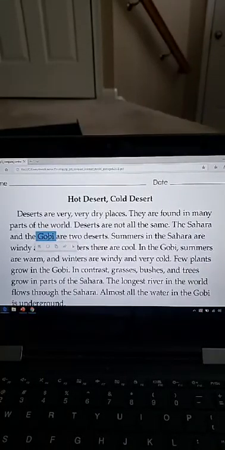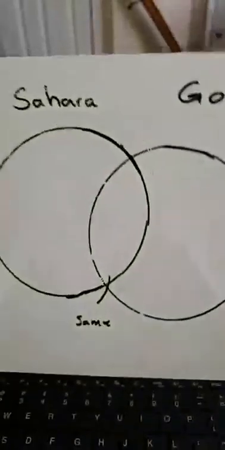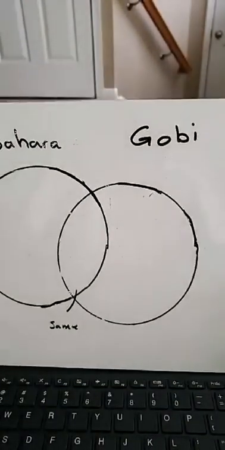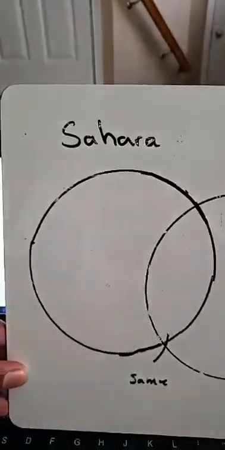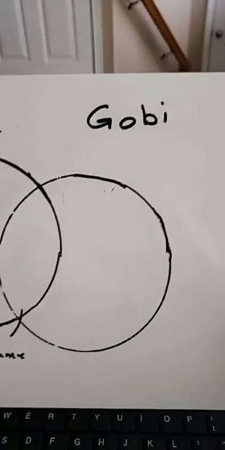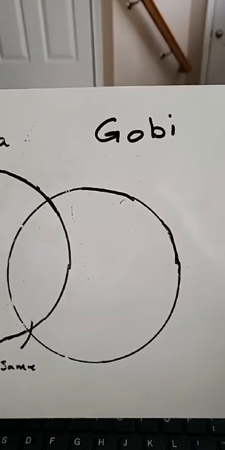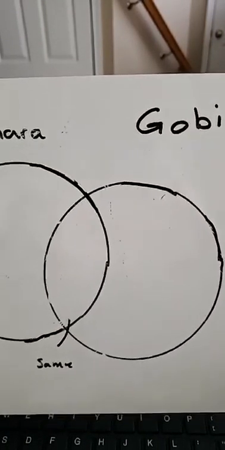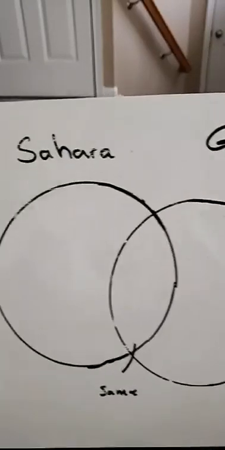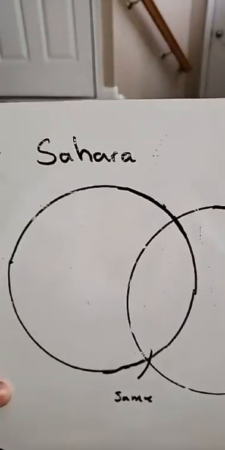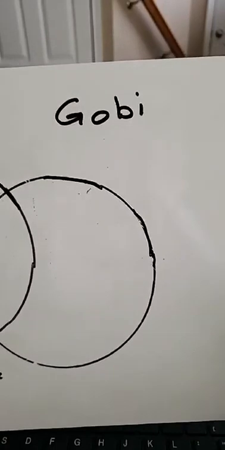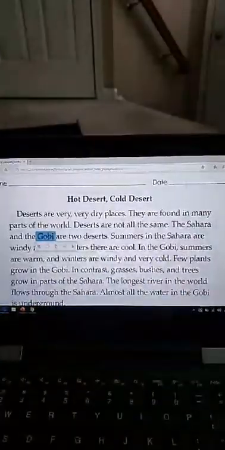So to organize our thoughts on the Venn diagram, as you can see at the top, I wrote Sahara Desert on one side and the Gobi Desert on the other side. So now I know I'm going to compare and contrast the Sahara Desert and the Gobi Desert. So let's read.